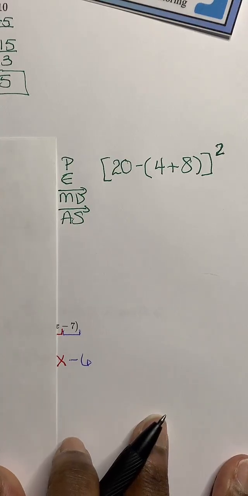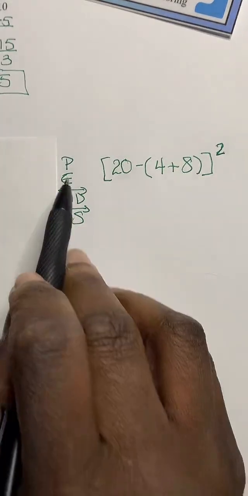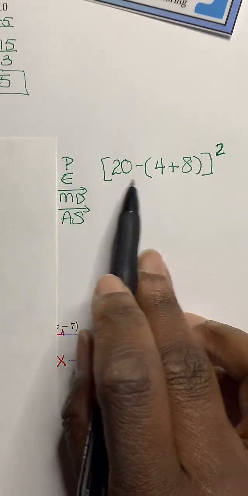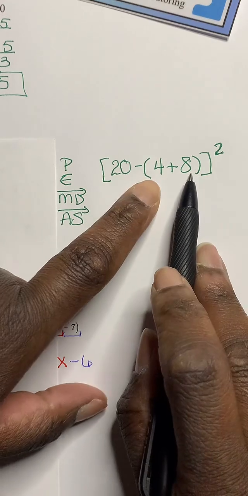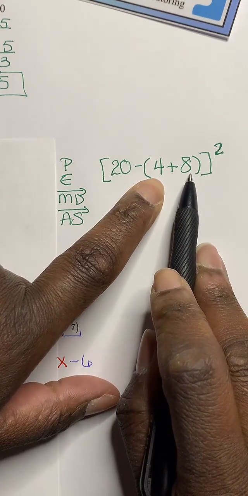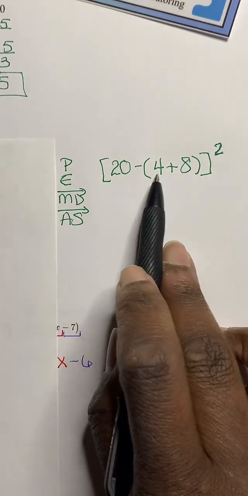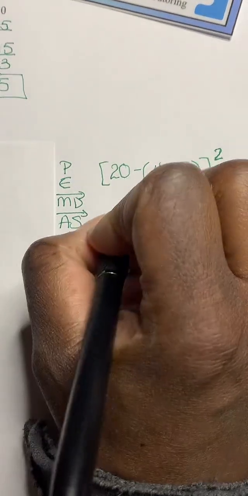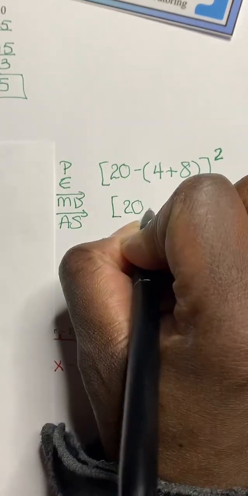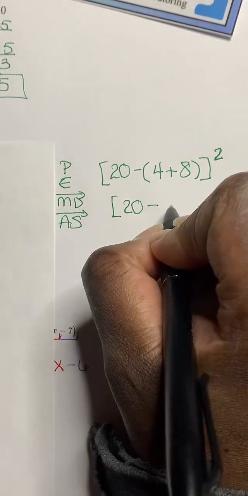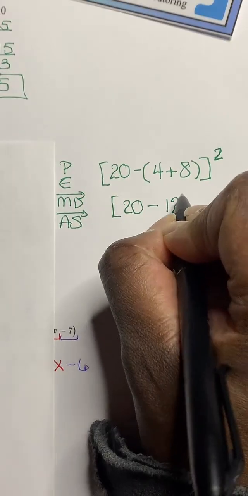So now what we're doing is parentheses. We need to do what's inside the parentheses. Yes, we got brackets, but there is a set of parentheses inside of that bracket. So we need to combine that 4 and that 8. So here's my bracket. Here's my 20. Here's my minus. And 4 and 8, that's my 12.